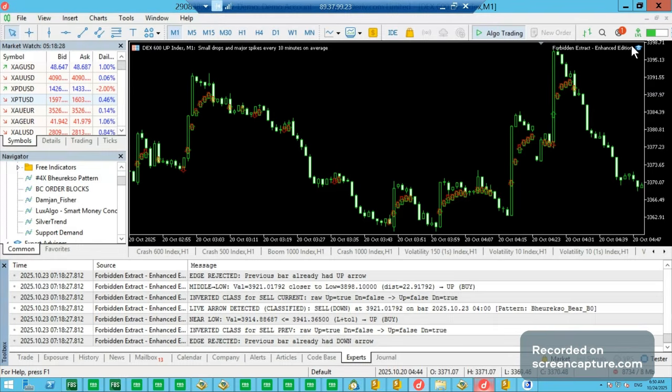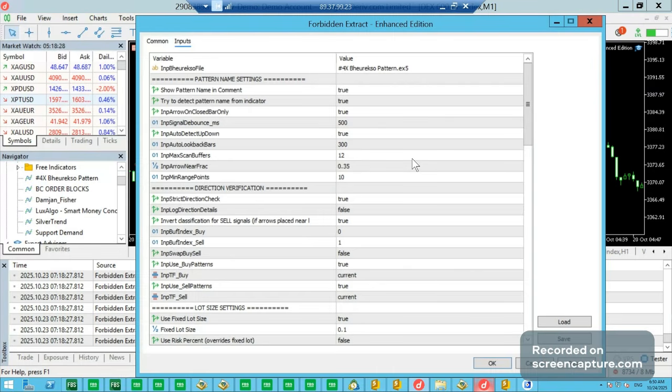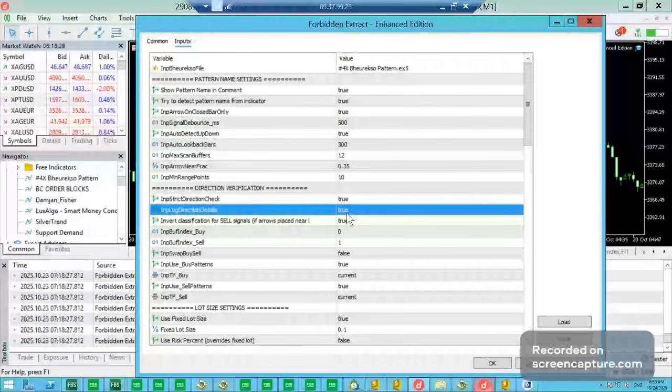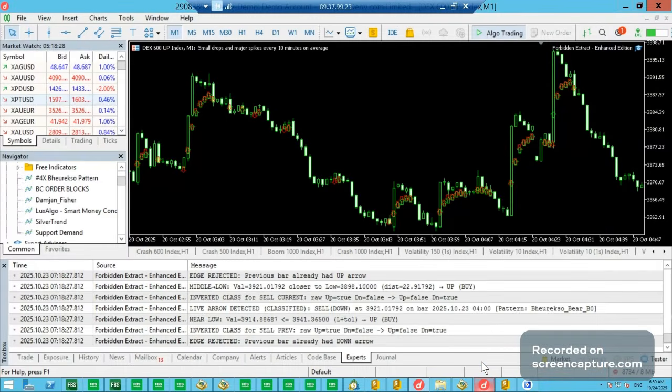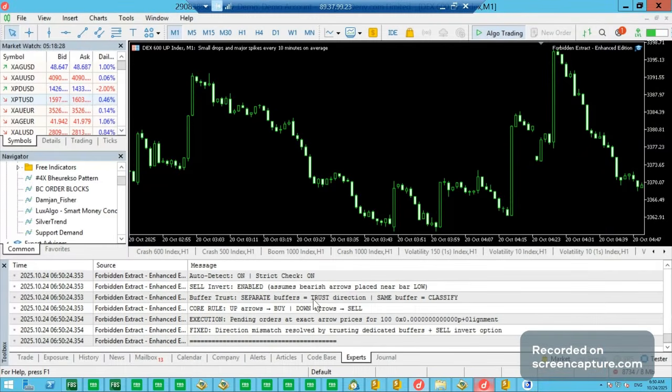So if you set that log to, input log, where is it? Input log. If you set it to true, can you see now? You'll be getting all the information, whether to sell or to buy, or if there is any error, this log file will enable you to get any error immediately.